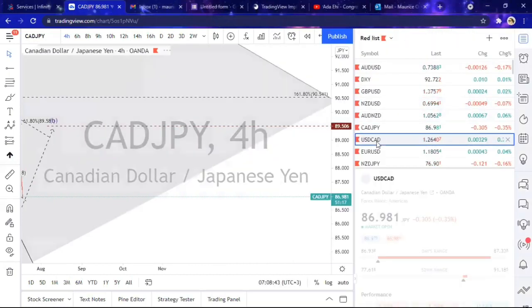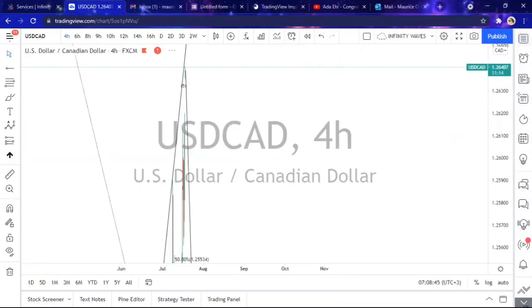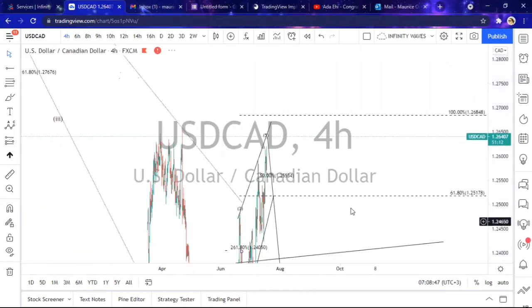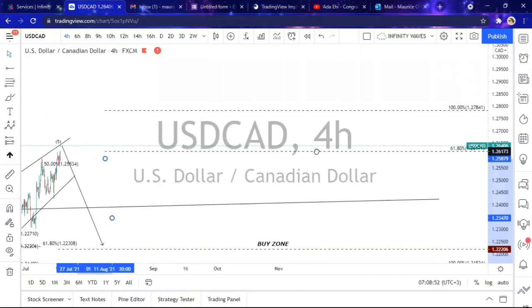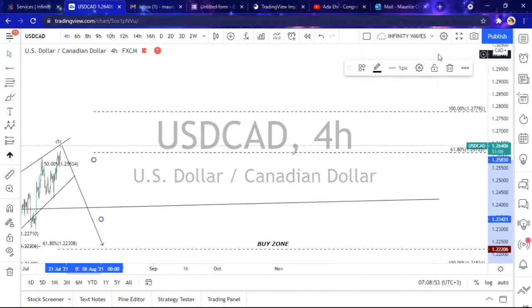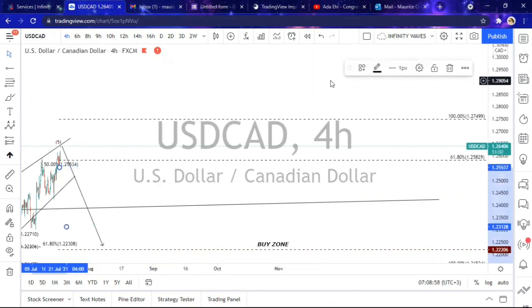Our next pair, US dollar, Canadian dollar. Last week, from our video we did last week on this pair, let me show you something we did last week.